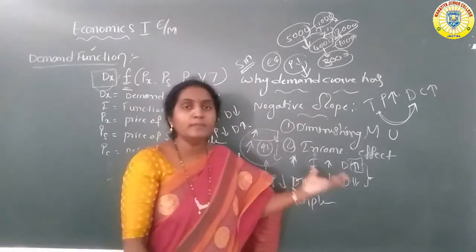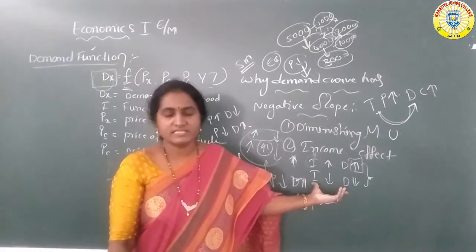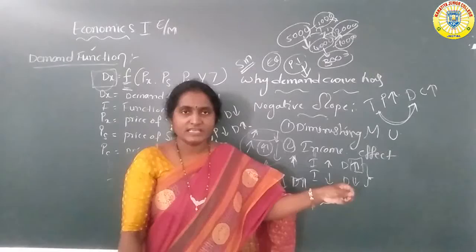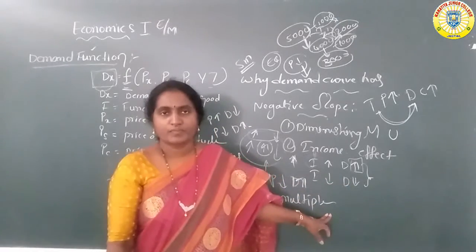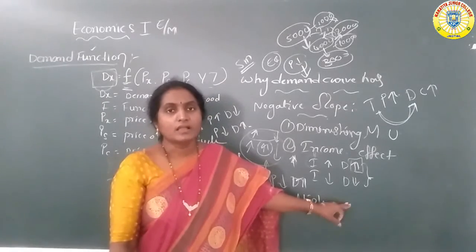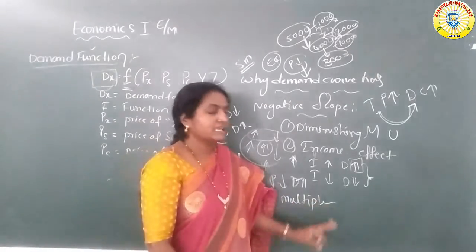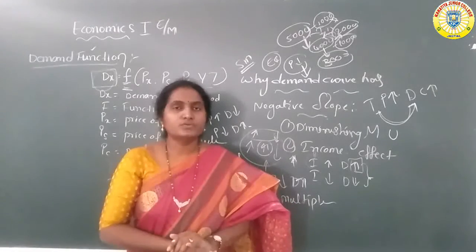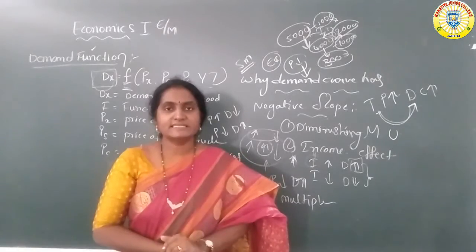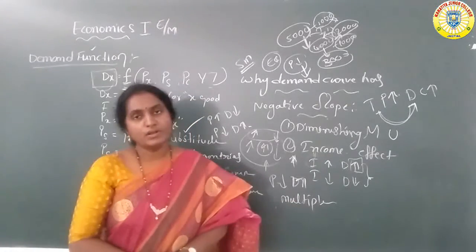Because these goods have multiple uses, with electricity, coal, milk, etc. In the case of these goods, a small decline in price in the market brings a large, considerable change in demand. So a small change in the price of these goods leads to a greater change in the quantity demanded.